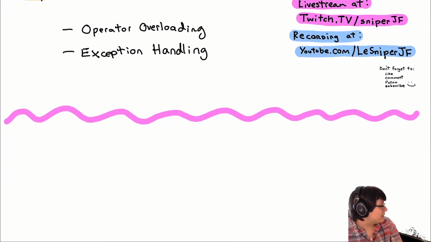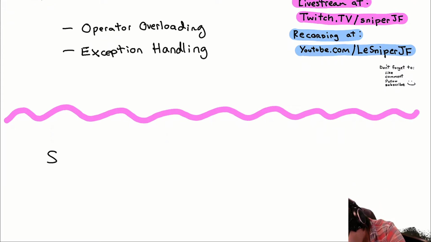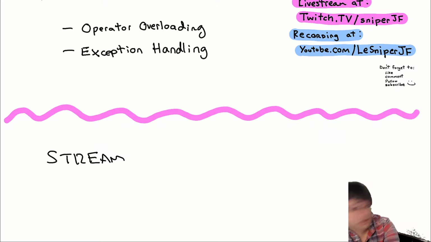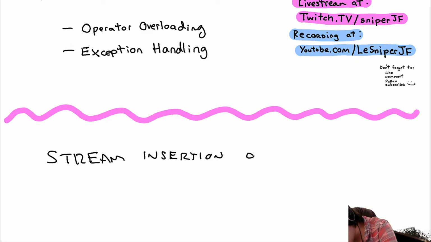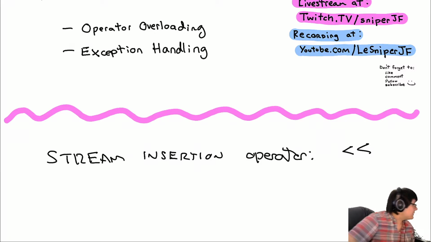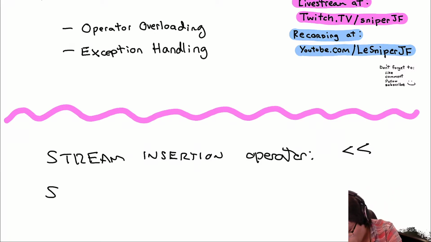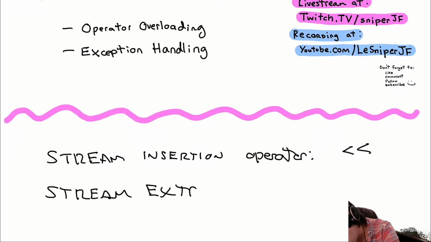Let me go ahead and write that. Stream insertion is this. You guys can see what I'm doing. Yeah, stream insertion operator is that one. Confirmed. And therefore the stream extraction operator is that one.